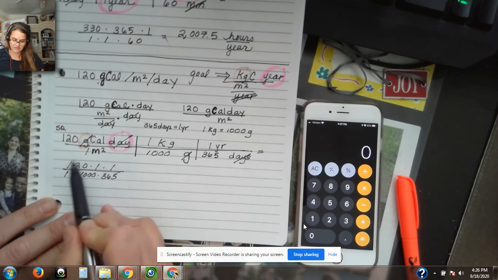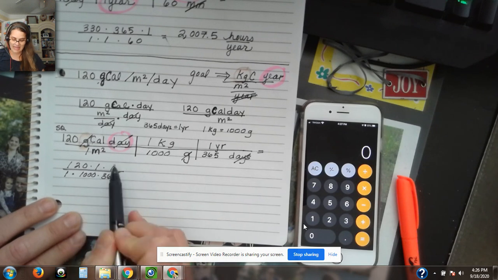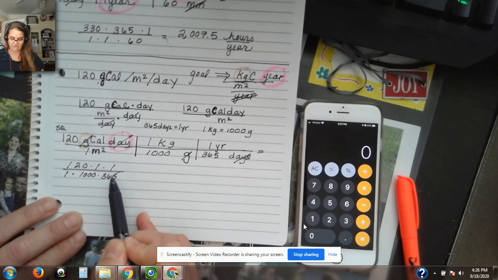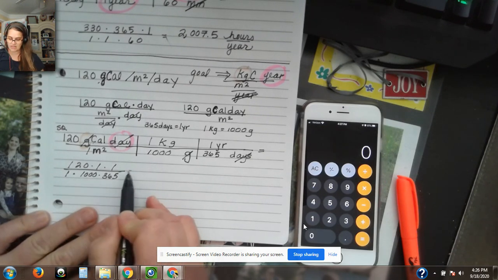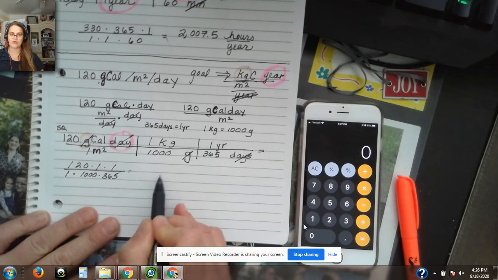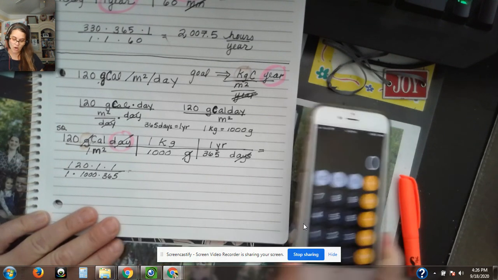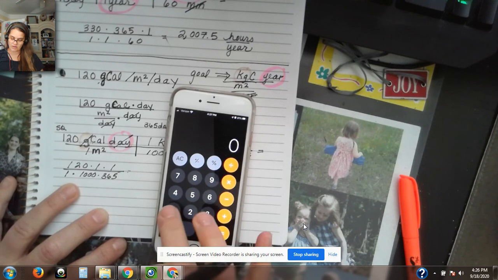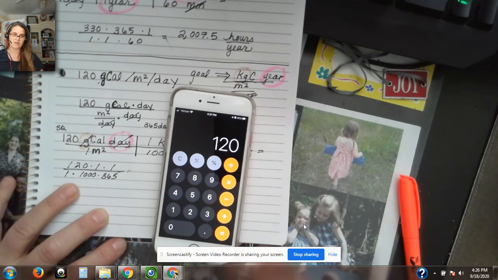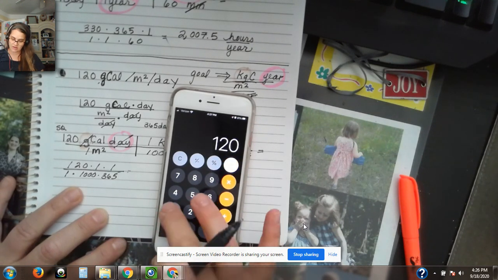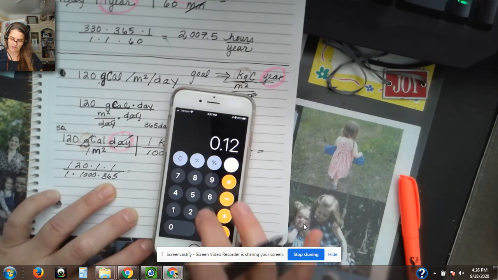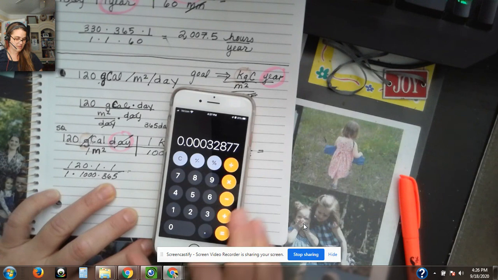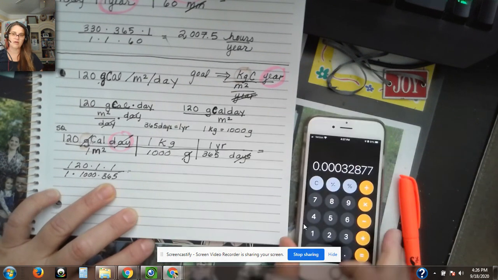You have two ways you could do this. You can multiply across and get two numbers and then put those in the calculator. Or you can do 120 times 1 times 1 divided by 1,000, and then I just hit equal, divided by 365, and I get this pretty darn small number.